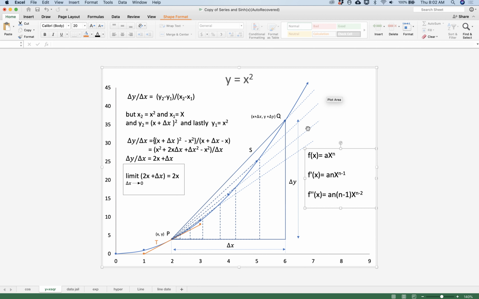It's a little neater graphical representation from my drawing yesterday. And I just think that what's nice about this drawing is that it shows how, as we shrink delta x, the slope of the resulting right triangle becomes closer and closer to the actual tangent line at our point of interest. Look at this line.